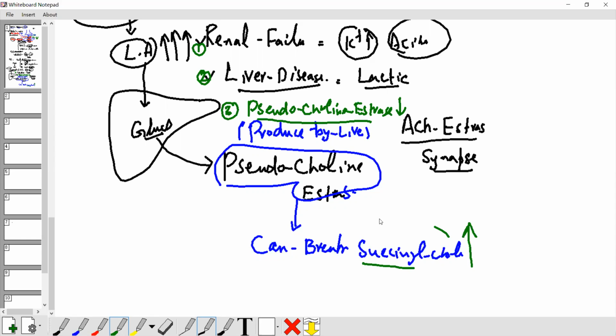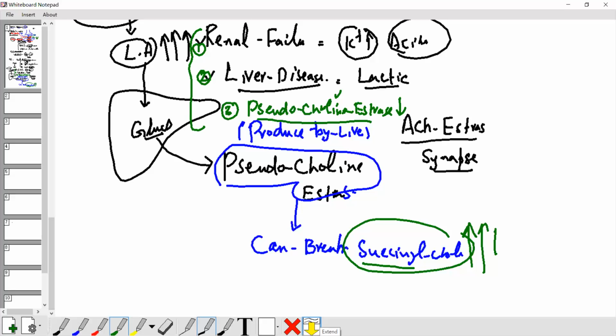Then can you break this succinylcholine in the blood? Of course not. So again the succinylcholine level is high, and it can produce a lot of side effects because you're not able to break it. Understand? Succinylcholine can accumulate inside your body and produce more and more side effects.